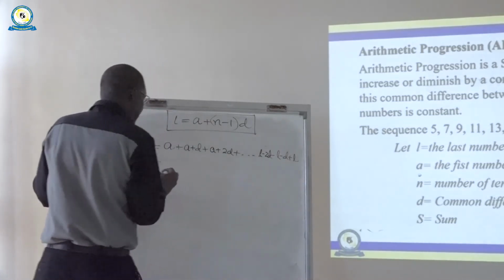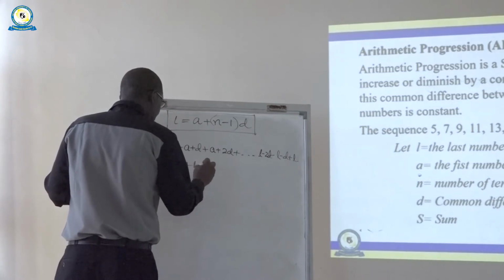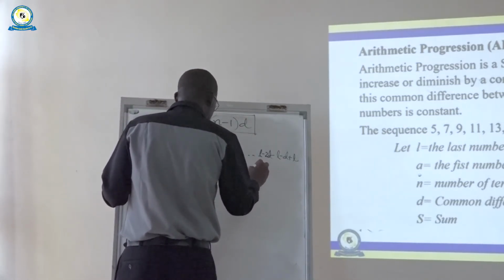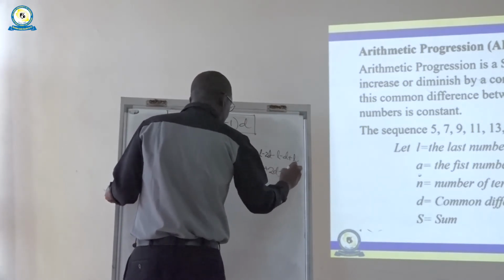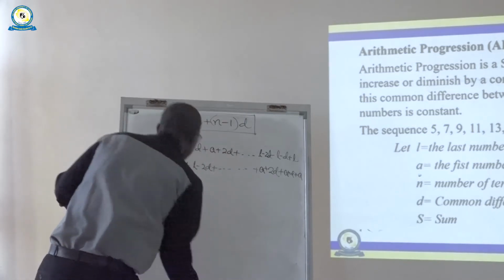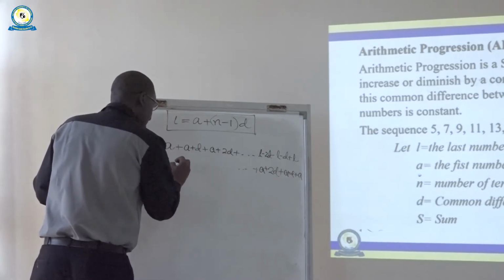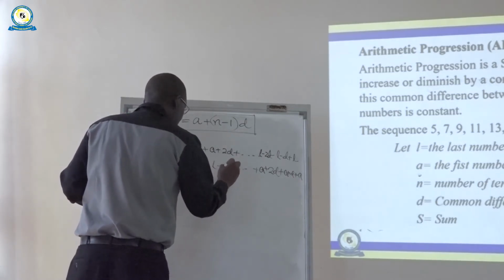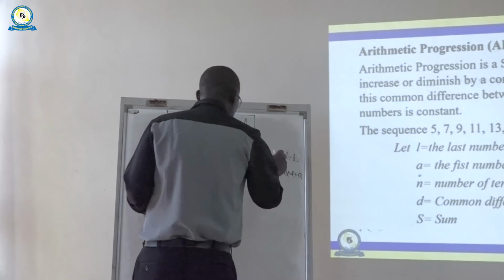Here we are going to have L plus L minus D plus L minus 2D plus and so on, up to A plus 2D plus A plus D plus A. You see the alignment. So let us enclose in brackets.